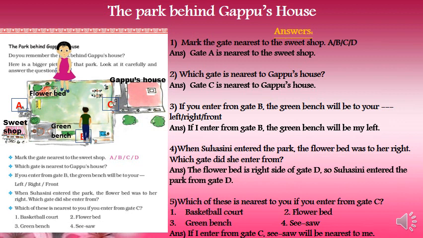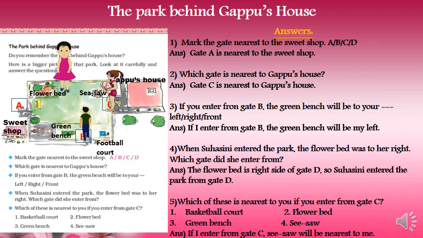Now, look at the last question here. Which is nearest to you if you enter from gate C? Where is gate C? Here is gate C. If you enter from gate C, which is nearer to you?